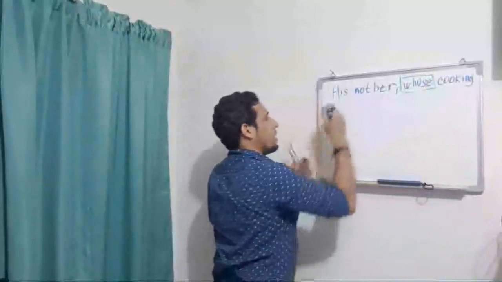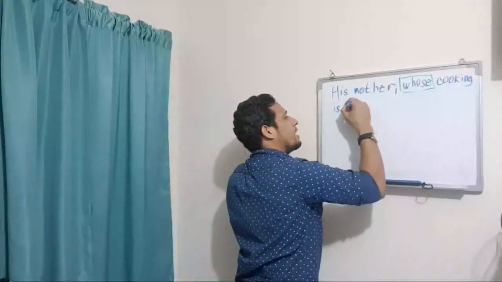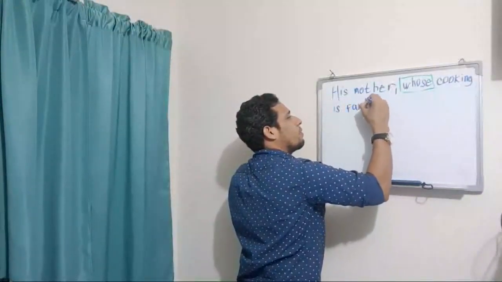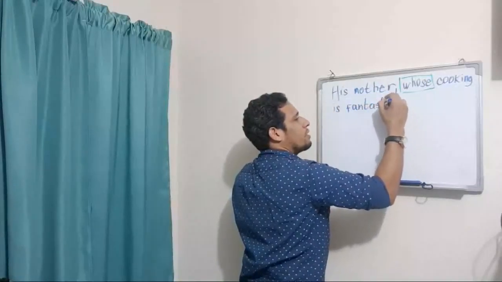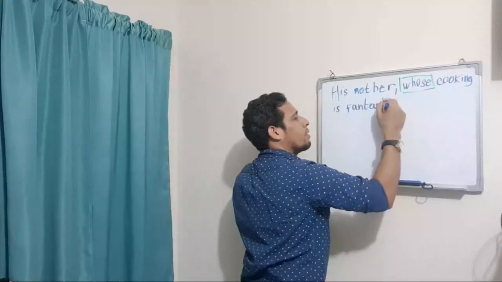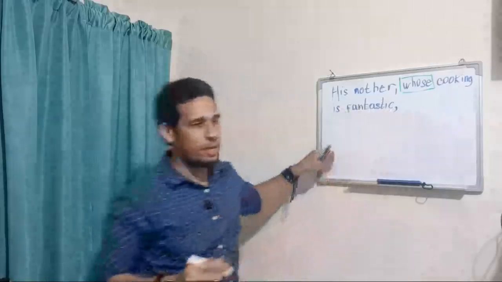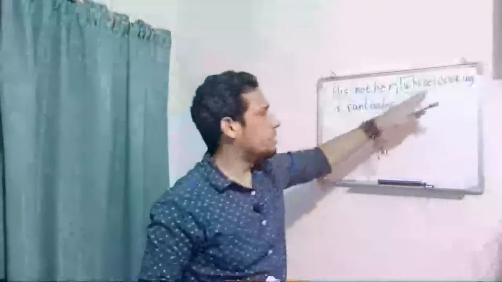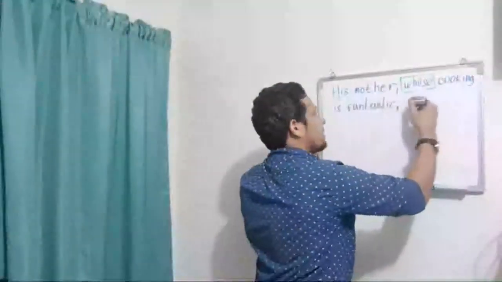Whose cooking is fantastic. And then comma, because this is the clause, right? The relative clause.